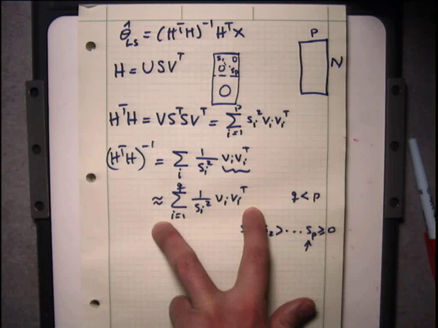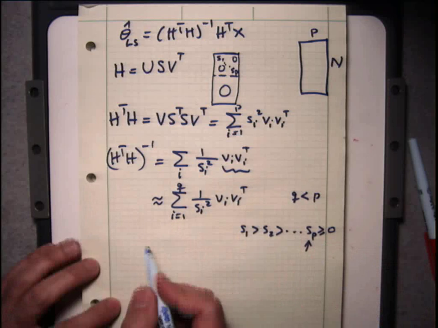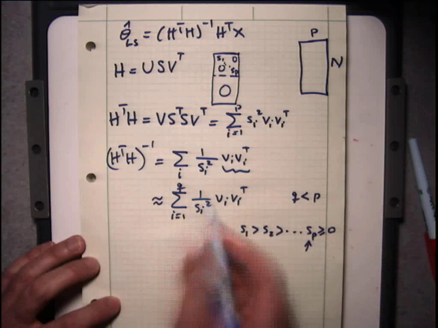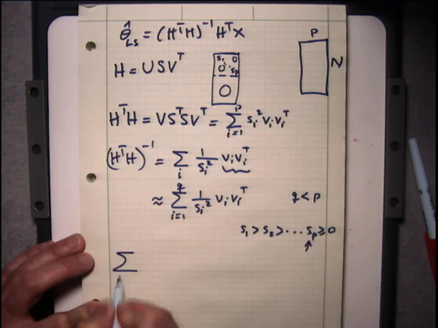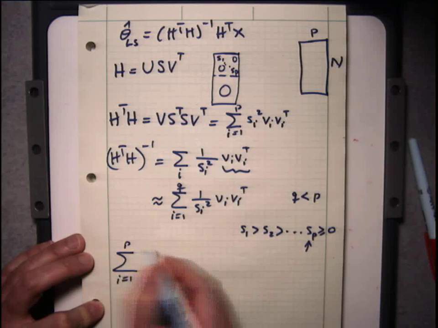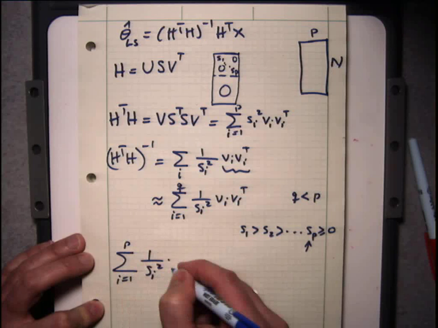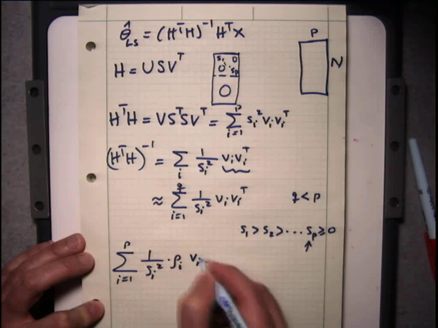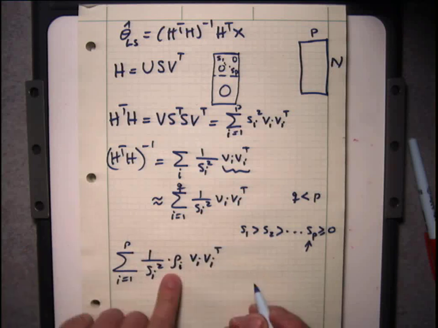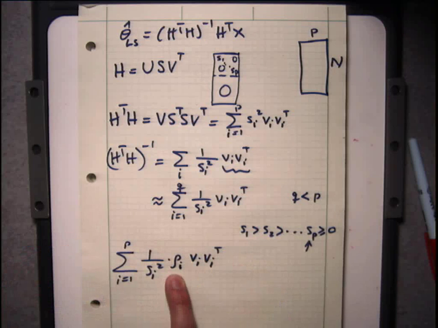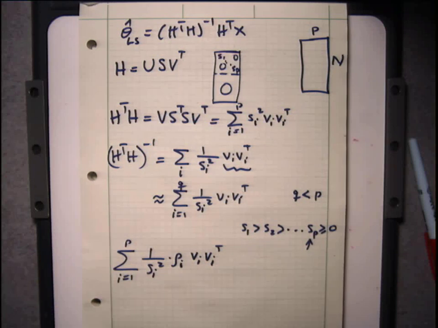Okay. Another way to do it is to rewrite this sum as the sum i equals 1 to P of 1 over S_i squared times, let's put a coefficient here, rho_i times v_i v_i transpose. And this rho_i here would be some number between 0 and 1 for each i.